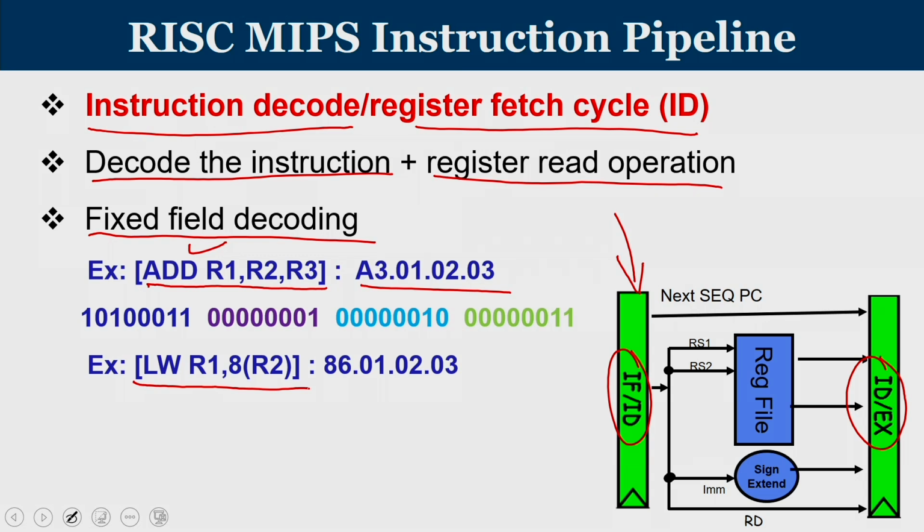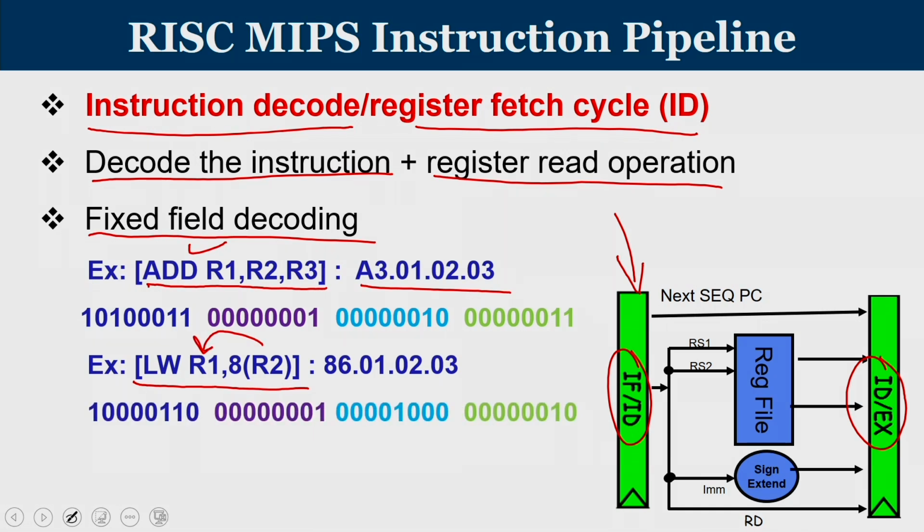Let R1 be the destination register. So, the contents of the memory location whose address is R2 plus 8. R2 is another register, go to R2, find its 32-bit value, that is the content of R2, add 8 to it, that is the absolute address. Go to that memory location, transfer that contents into R1. This is called load word.